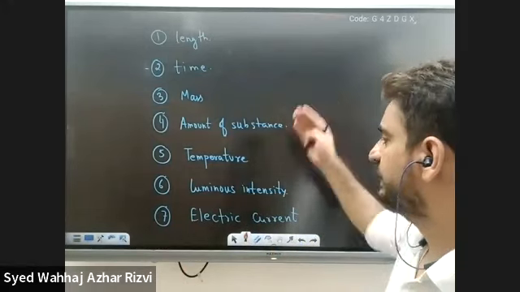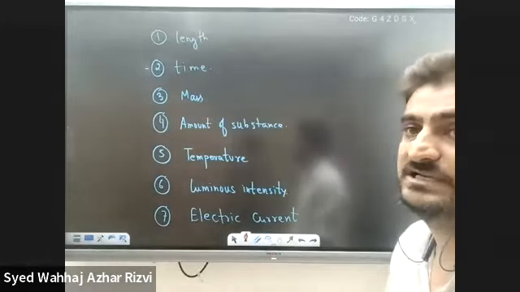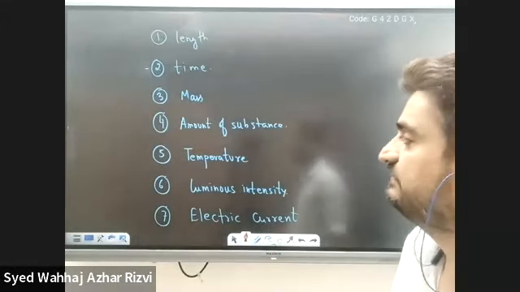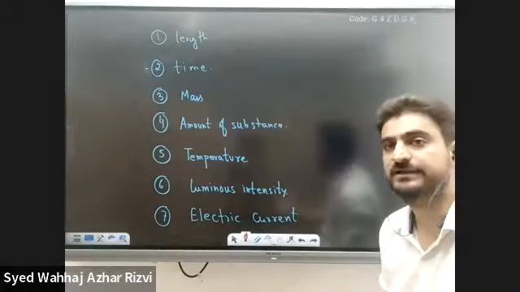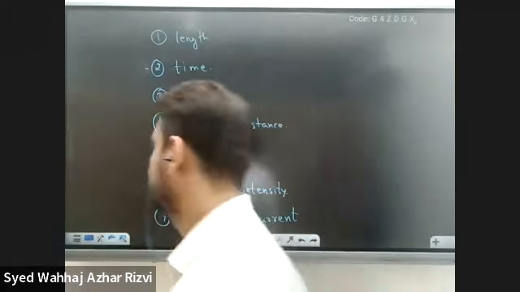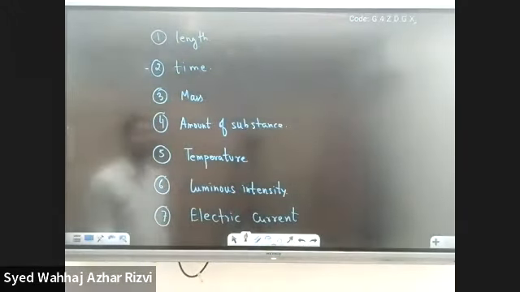So just go ahead and write down the names of all these 7 fundamental quantities, because based on these 7 fundamental quantities, we are going to find out other different quantities. These are very significant. And then we have to find out the units which are required to measure all these fundamental quantities. Got it? Go ahead, write them down.